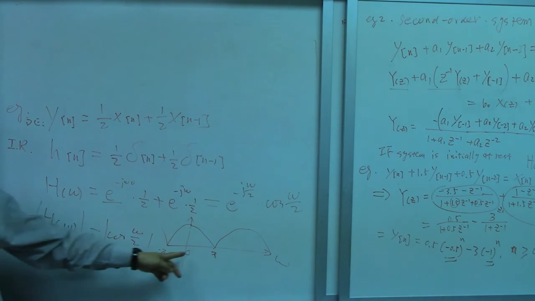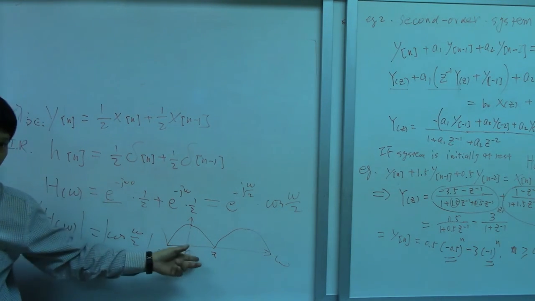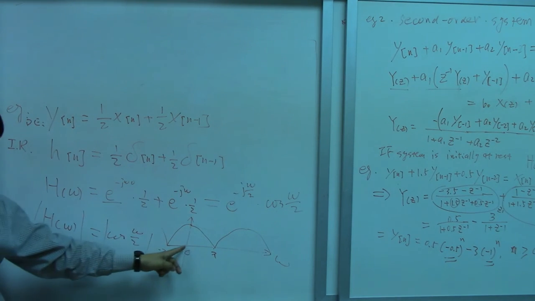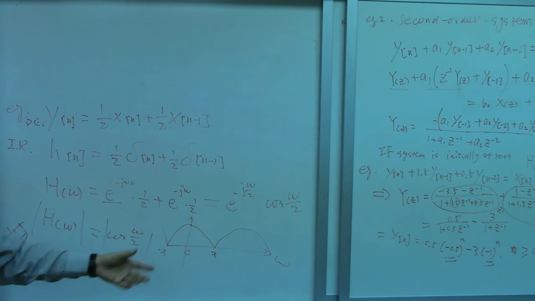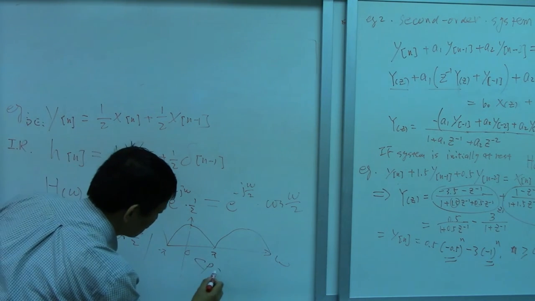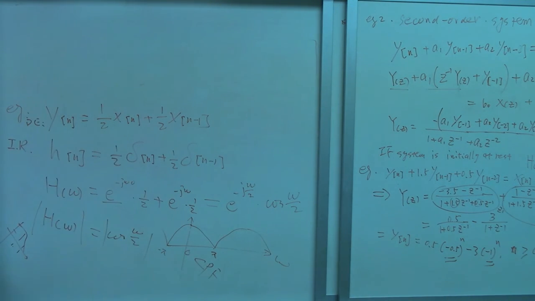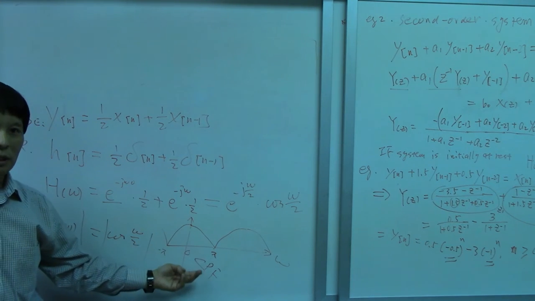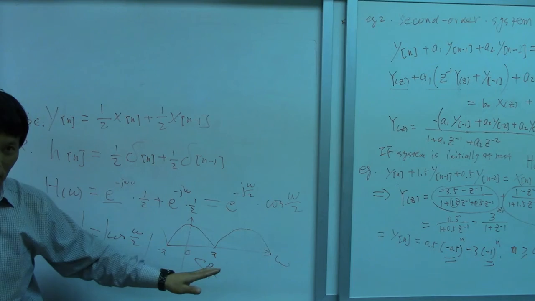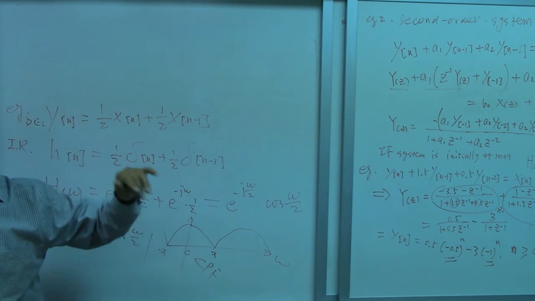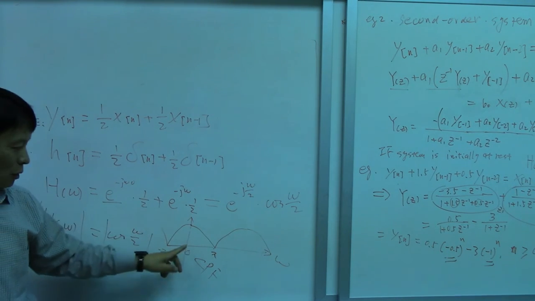Look at this. Don't look at me. Look at this. What kind of filter is this? Low frequency, high frequency. Low pass filter. So that is a low pass filter. Means we can all pass for DC, and for very high frequency, nothing, and in between, the gain will be reduced. Right? So low frequency.